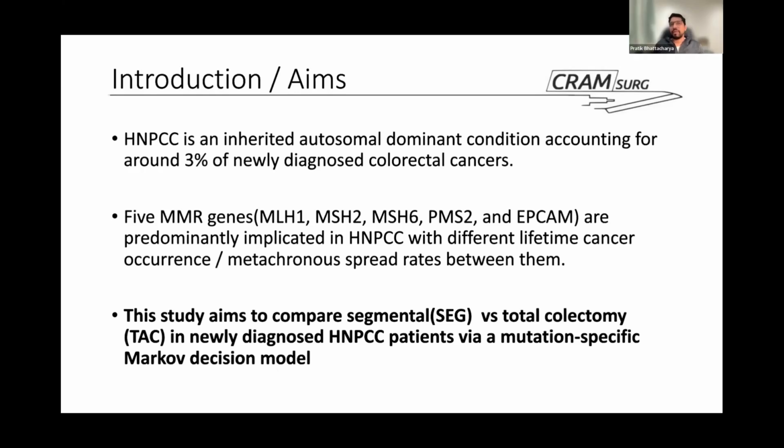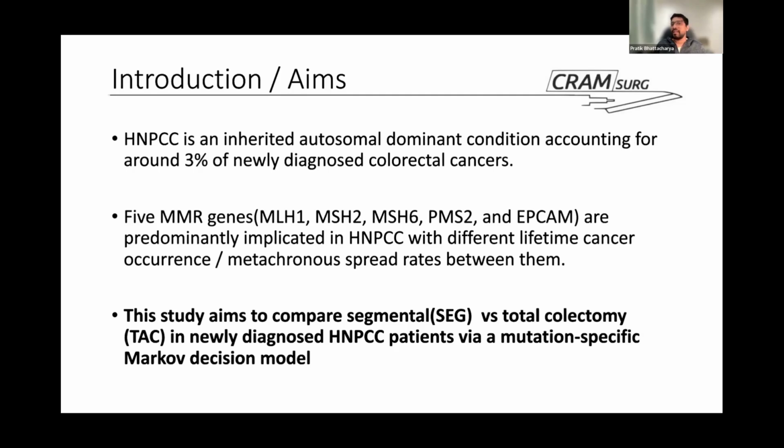Okay, so to introduce the paper, HNPCC is an inherited autosomal dominant condition accounting for around 3% of newly diagnosed colorectal cancers. 5 MMR genes, namely MLH1, MSH2, MSH6, PMS2, and EpCAM, are predominantly implicated in HNPCC, with different lifetime cancer occurrence and metachronous spread rates between them.